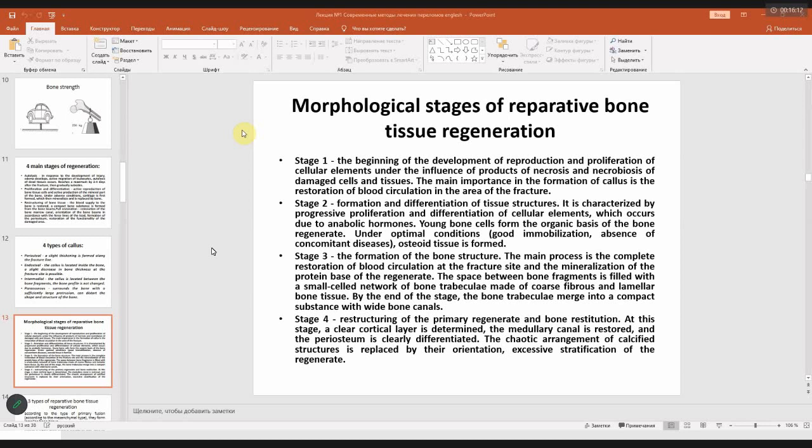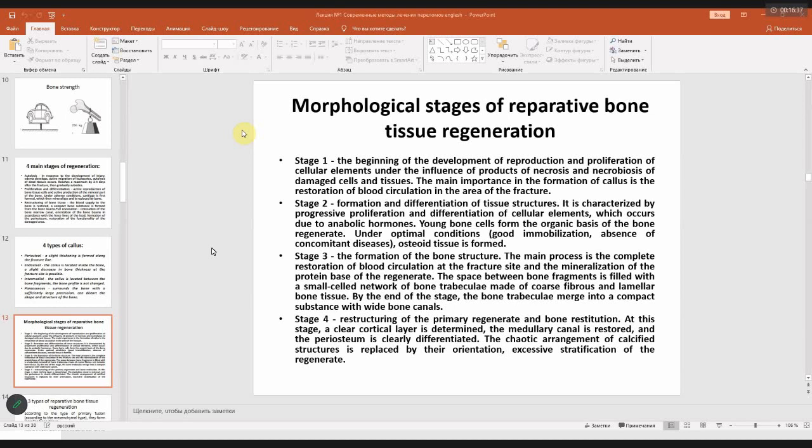Stage 3, the formation of the bone structure. The main process is the complete restoration of the blood circulation at the fracture site and the mineralization of the protein base of the regenerate.